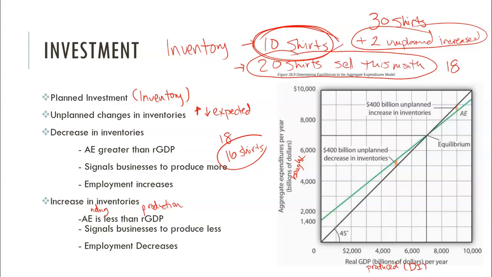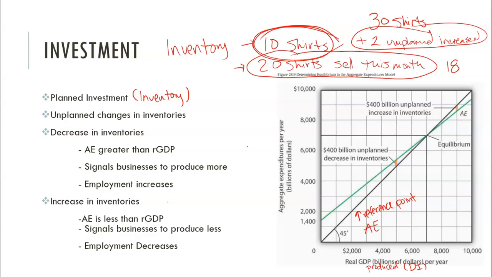We can also see that on our graph. So here we have this 45-degree line, this black line here. This is a reference point. Because it's 45 degrees, it shows you all of the points where aggregate expenditures are equal to real GDP.